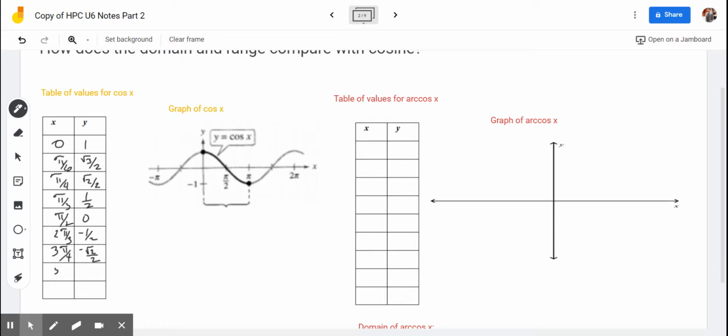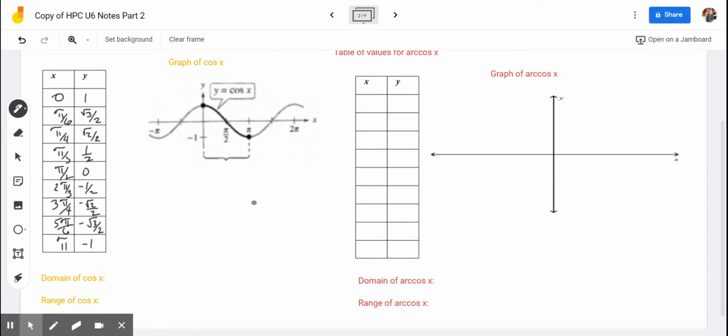And then 5 pi over 6. Remember, the reference angle is pi over 6, so it's going to be negative radical 3 over 2. And then at pi, we're at negative 1. That's again illustrated here on the cosine function.